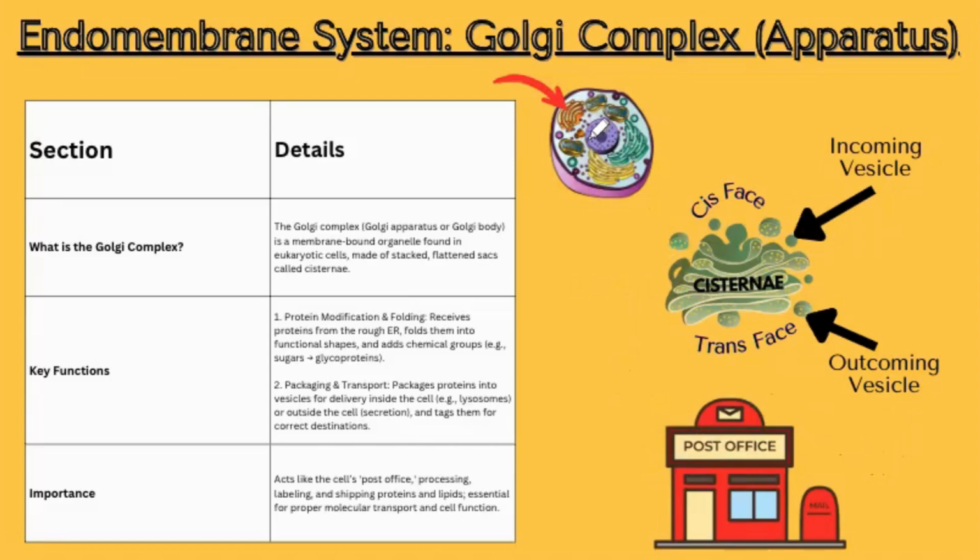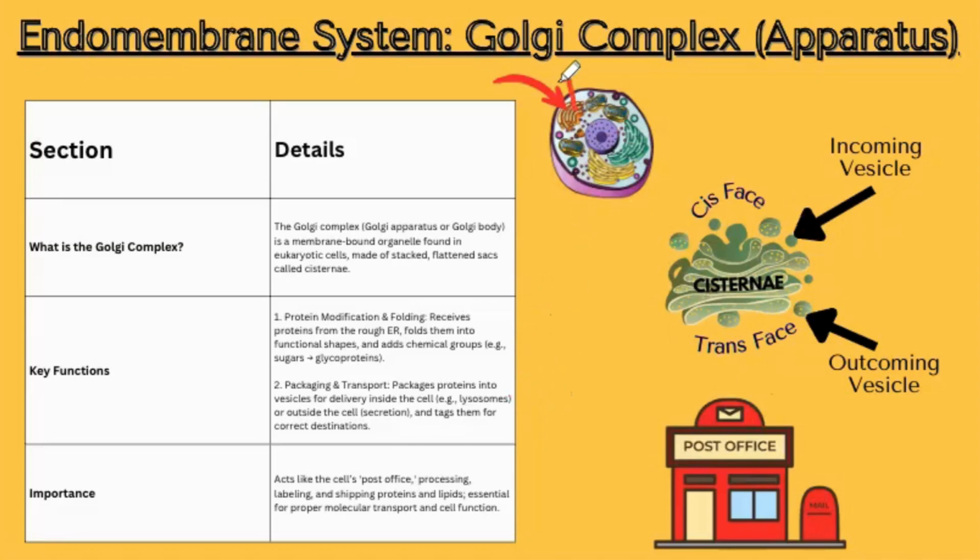So sometimes you'll need proteins that will stay within the cell itself. Other times they have to leave the cell and go to another cell, or they need to go to another part of the organism in totality. Because of that, one of the key functions is not only to create protein, modify it, and fold it to double check before it leaves the Golgi apparatus, but also to package and transport it.